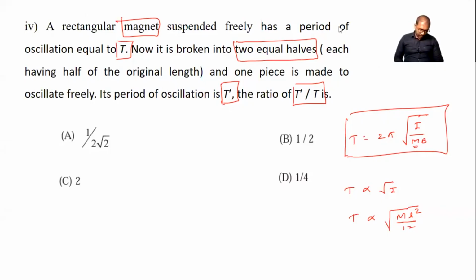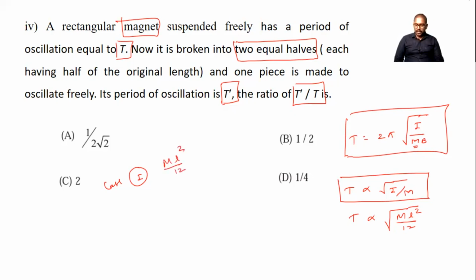So the period depends on the moment of inertia as well as inversely on the dipole moment, because when the bar magnet is broken, the dipole moment also changes. Remember one thing here. In case 1, the moment of inertia is m L square by 12.